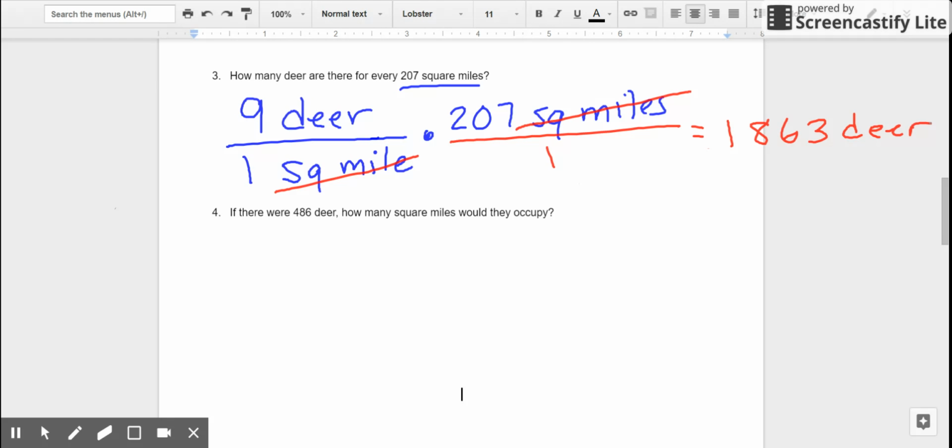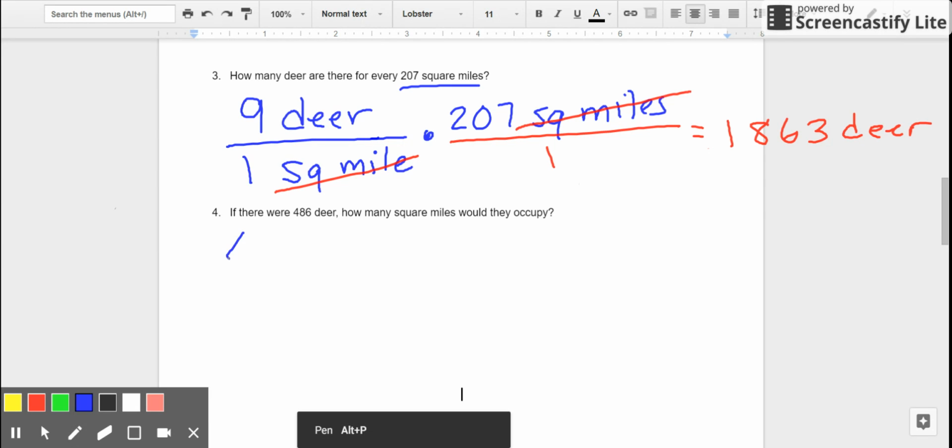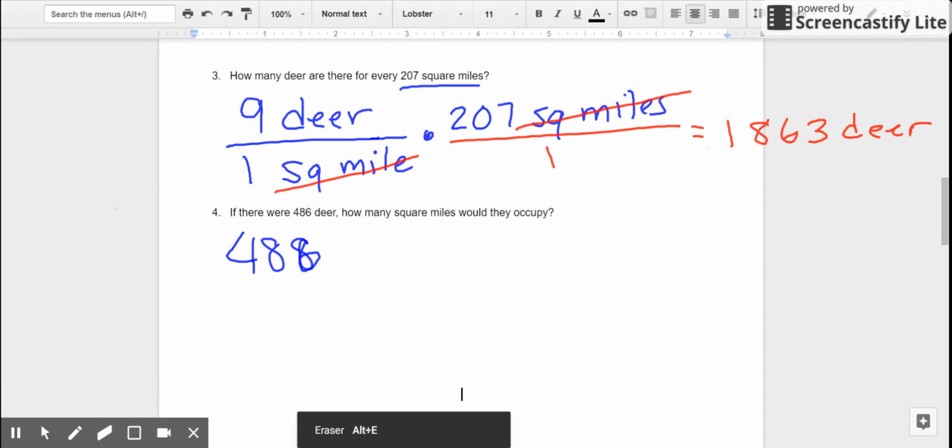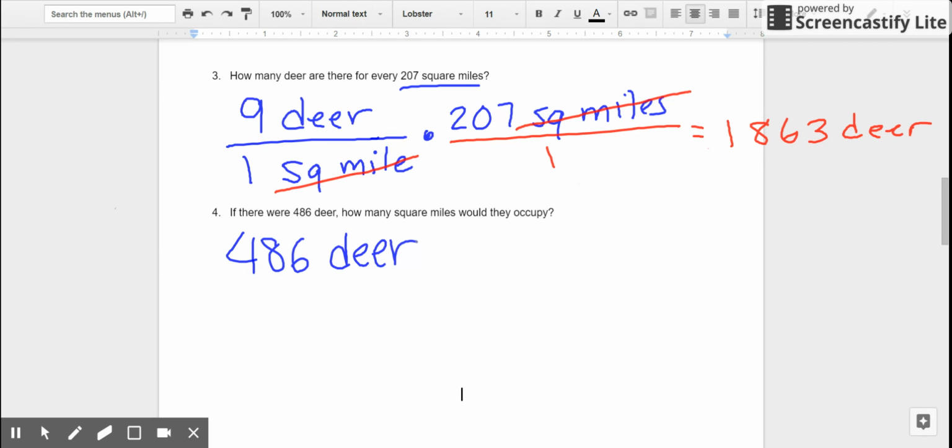For number 4, if there were 486 deer, how many square miles would they occupy? So to do this, I know that I want 486 deer. And because I'm using multiplication here, I want my units to cancel out.